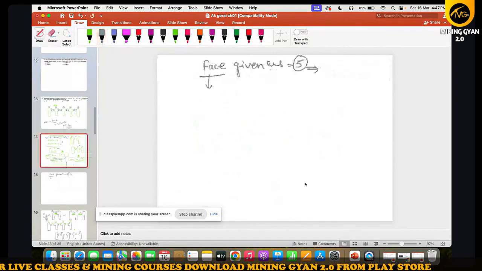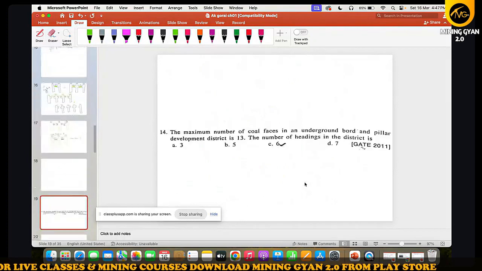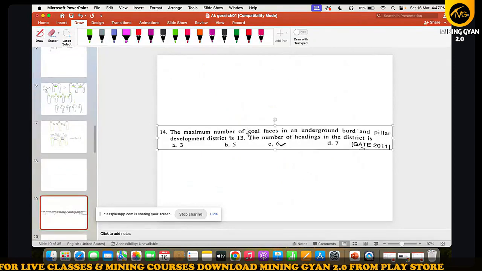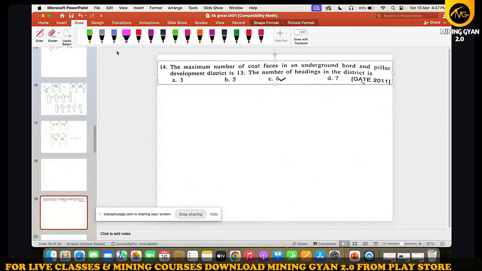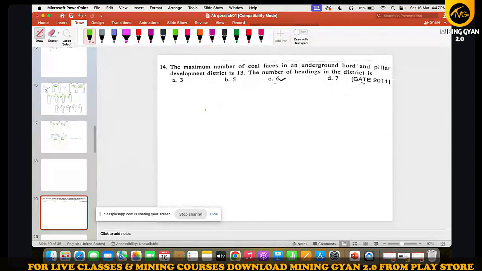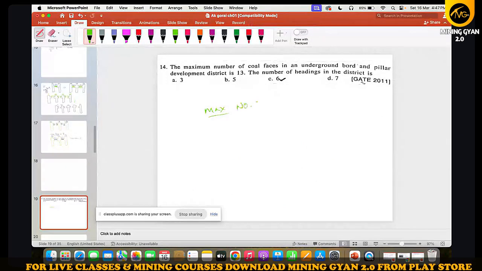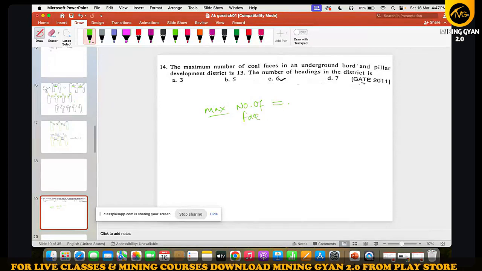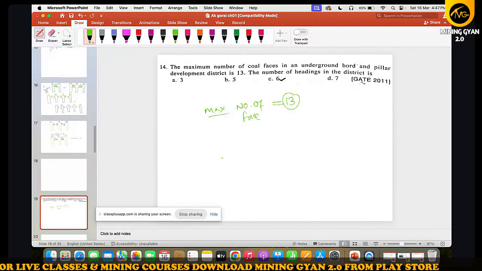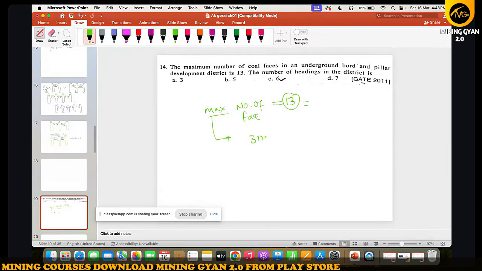Okay, in this question, if he has given us the maximum number of the phases, phase given 13, okay, then maximum phase we already know that it should be 3n minus 2.